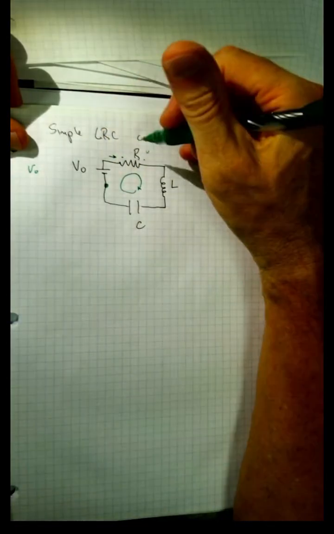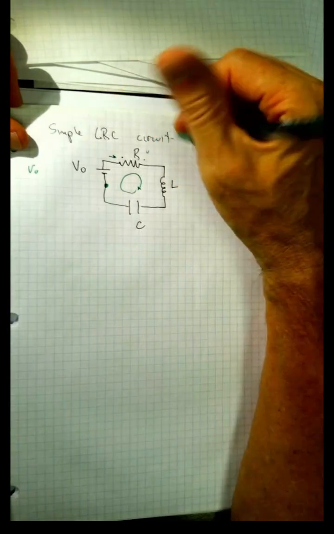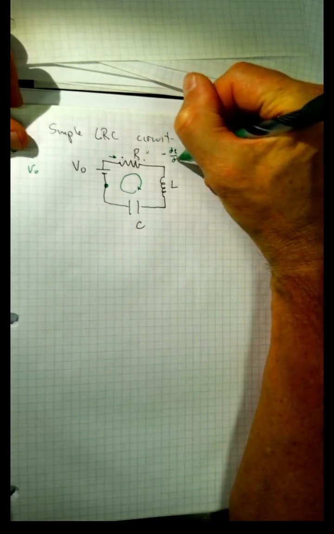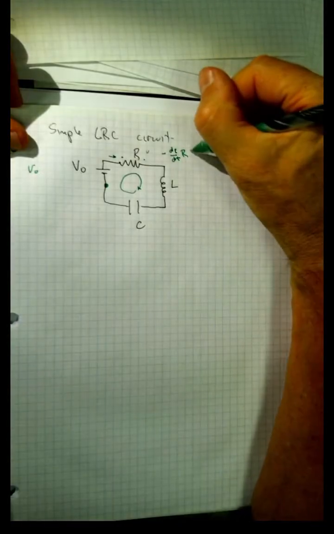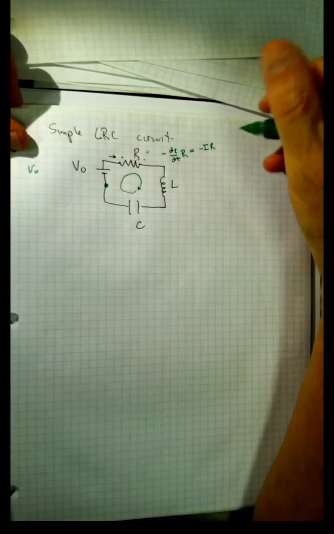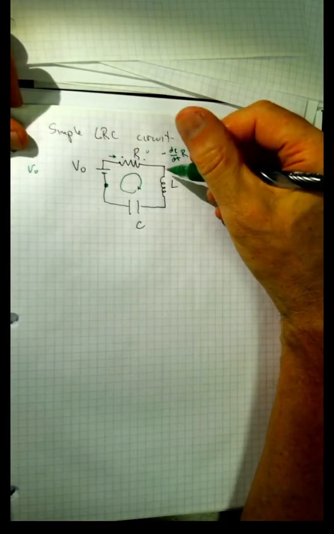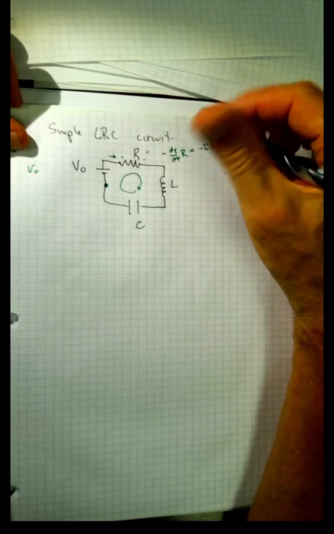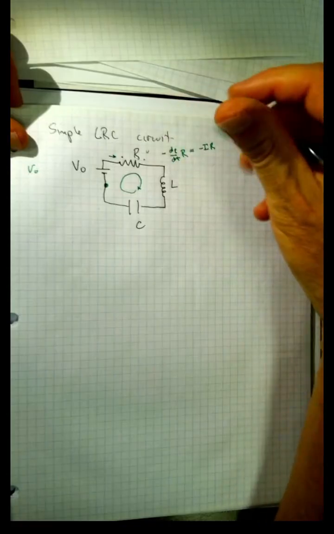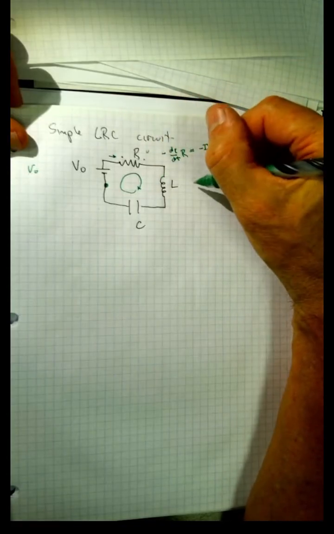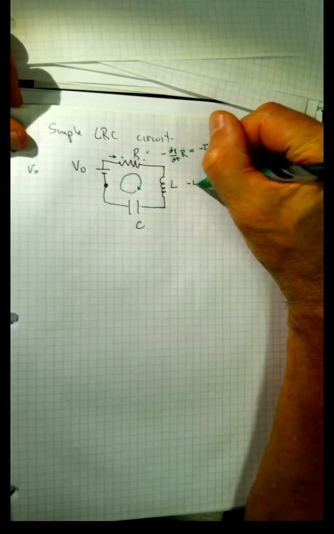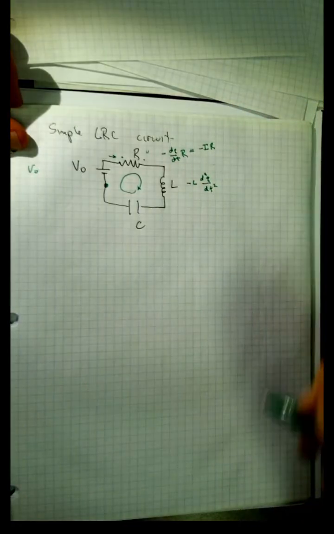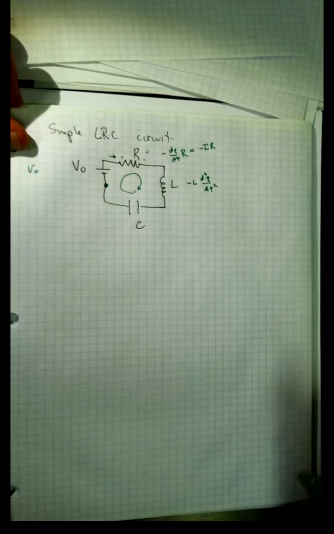We're going to assume it goes this way and stay consistent. So as you go across the resistor, the voltage is going to drop. So this is going to be minus dq dt R, right? That's my minus IR. As I go across the inductance, again, I'm going to lose energy because I'm assuming the current's going this way. So if I have to push the electron across the inductor, it's going to lose energy. This is going to be minus L times the derivative of the current, right?